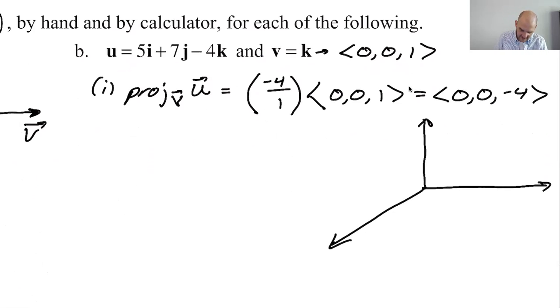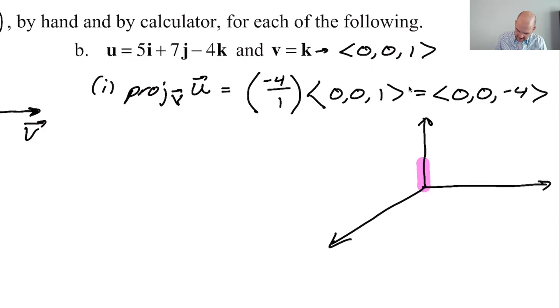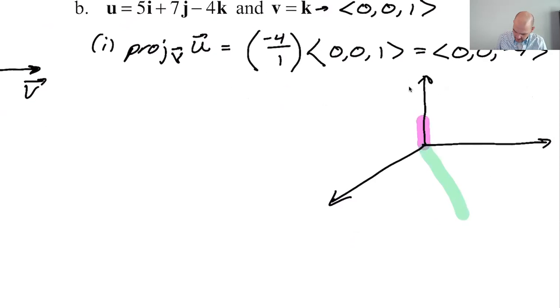So your vector v is like this. Now you also have the vector u, which is 5, 7, -4. So let's say that that's like this. I'm going to make that an ordered pair.